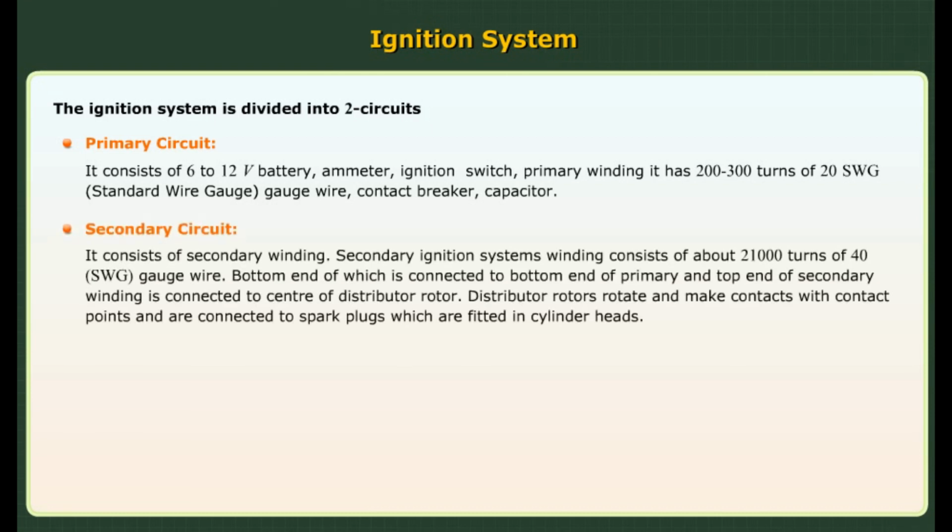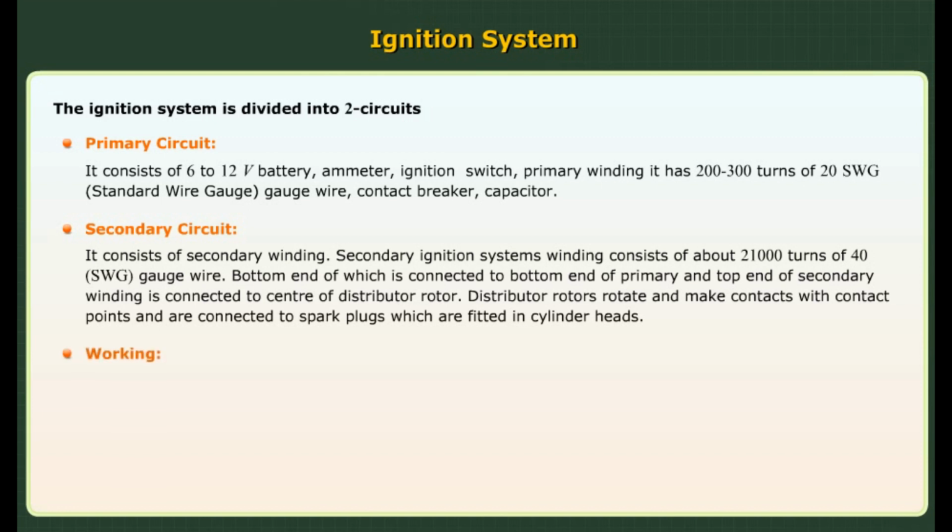It consists of the secondary winding, which has about 21,000 turns of 40 SWG wire, the bottom end of which is connected to the bottom end of the primary, and the top end of the secondary winding is connected to the center of the distributor rotor. Distributor rotors rotate and make contacts with contact points, which are connected to spark plugs fitted in the cylinder heads.